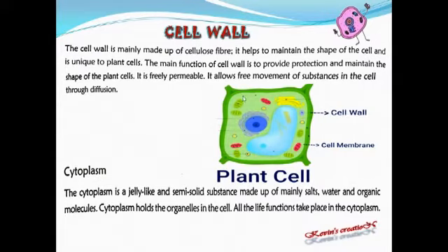This liquid is called cytoplasm. It is jelly like semi-solid substance which is made up of salts, water, organic molecules, and whatever is there inside the cell, like nucleus, mitochondria, Golgi complex and all, everything is there in this cytoplasm only. So here you can see this is called cytoplasm, the light green portion, okay, which is a semi-solid substance.